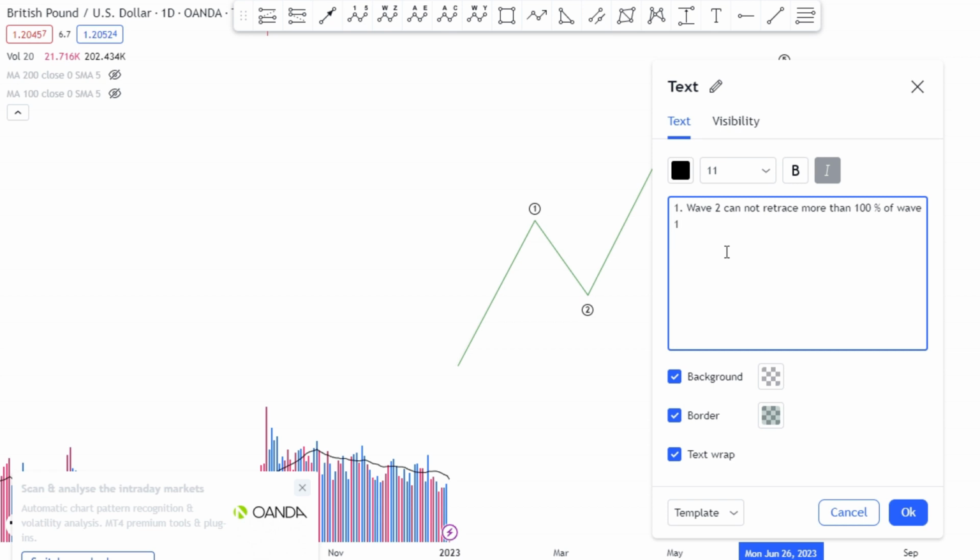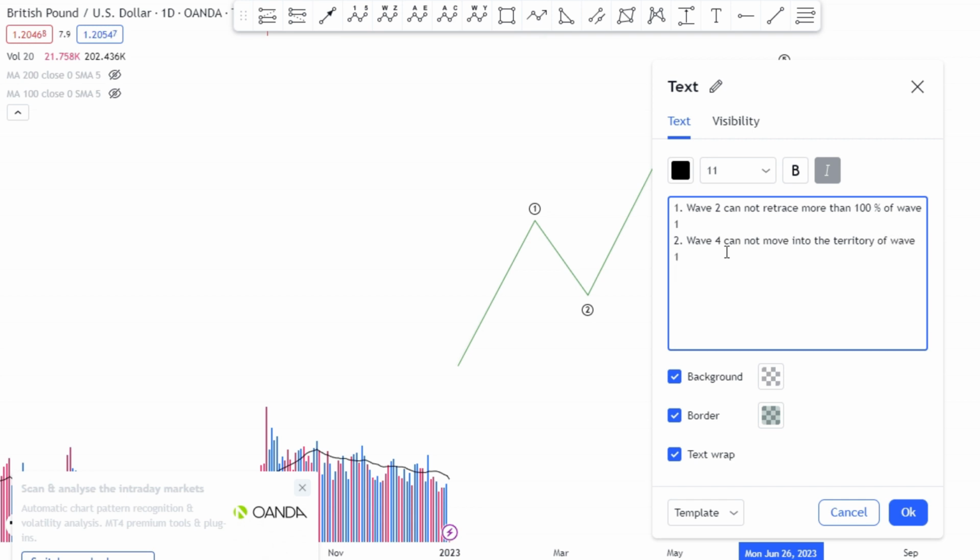The second rule is wave 4 cannot move into the territory of wave 1.